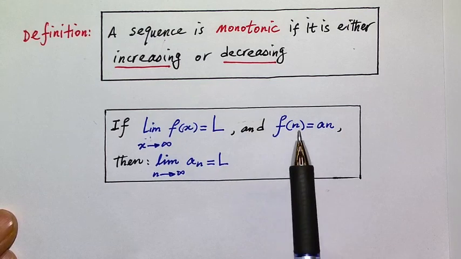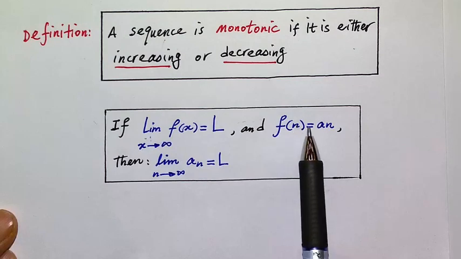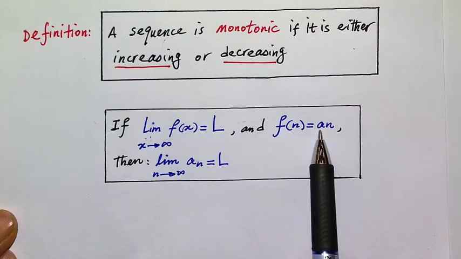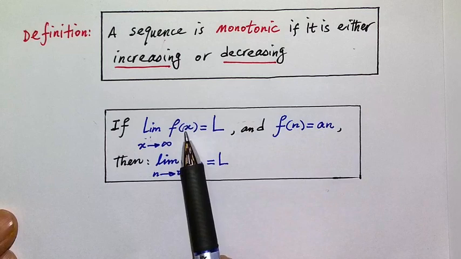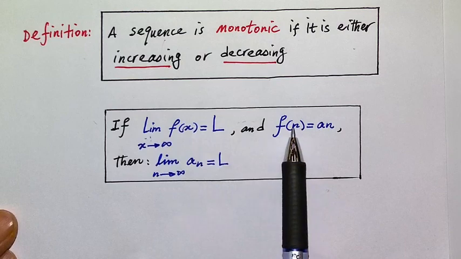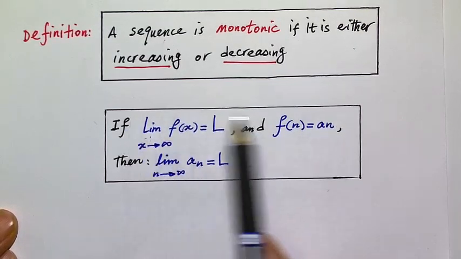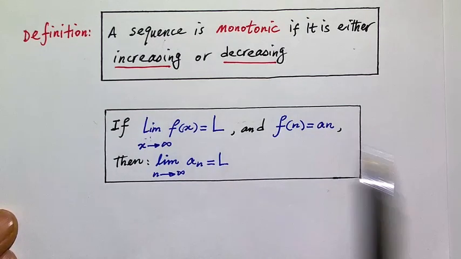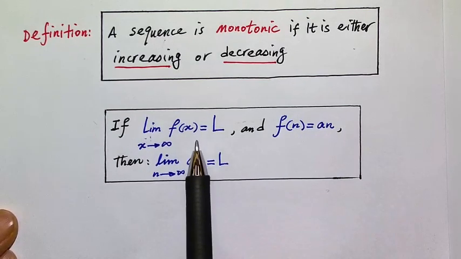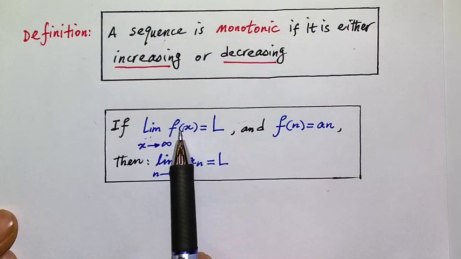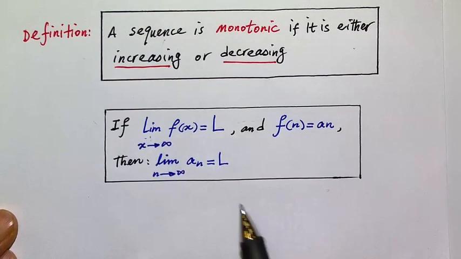So if you replace that x with n and you end up with the sequence, that's what this top line is saying, then the limit of the sequence is going to be the same thing as the limit of the original function as x went to infinity.